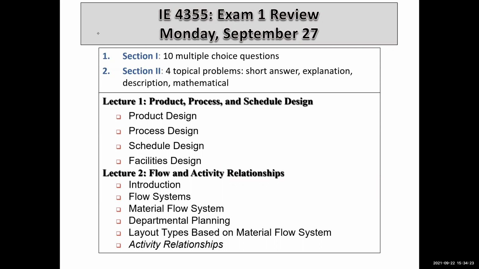Also, learn about the difference between the algorithms that we discuss in class, which ones are construction type, which ones are improvement type. Remember, improvement means that you start with an initial design and you're trying to improve that design. A construction algorithm is one that you're going to use when you basically have an empty facility. You're starting from scratch.